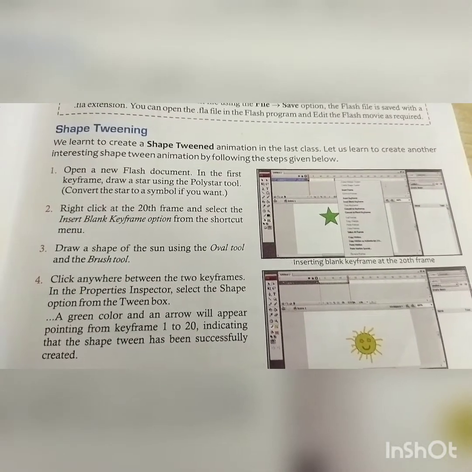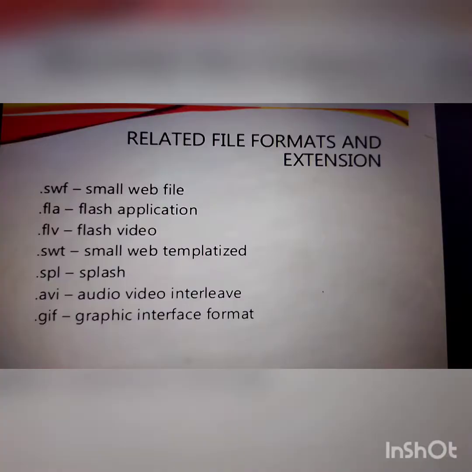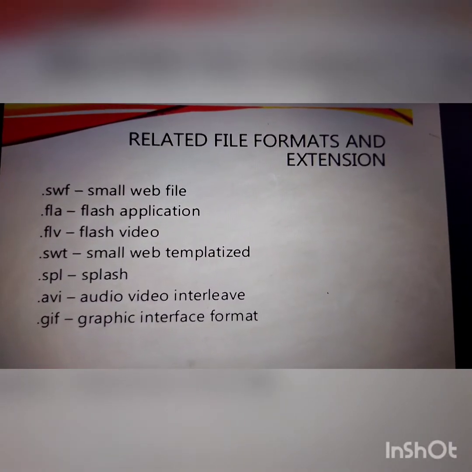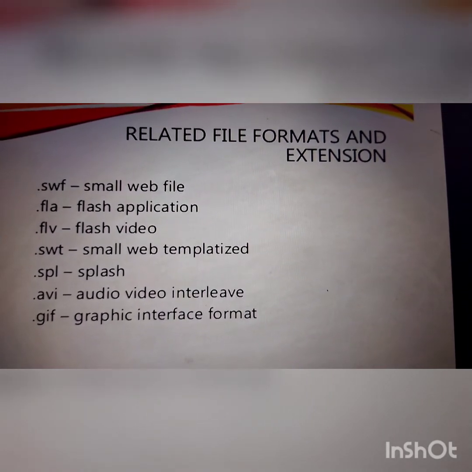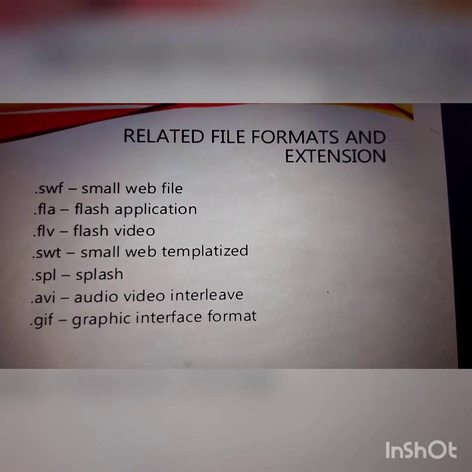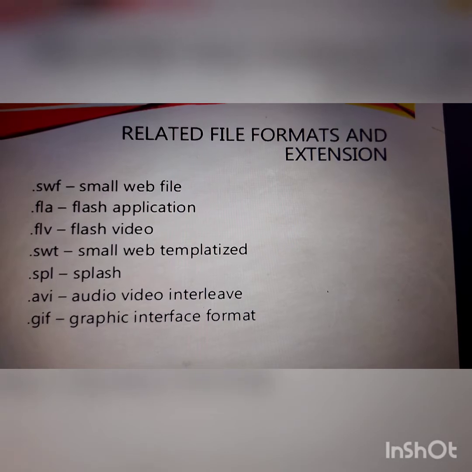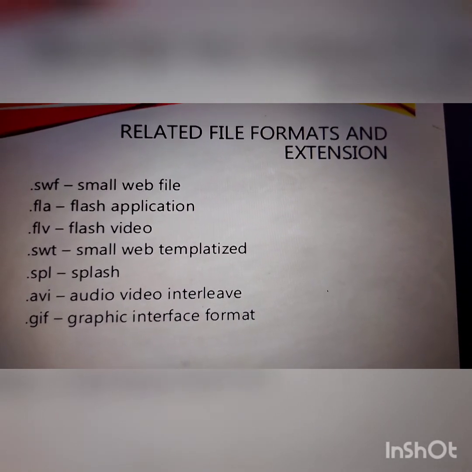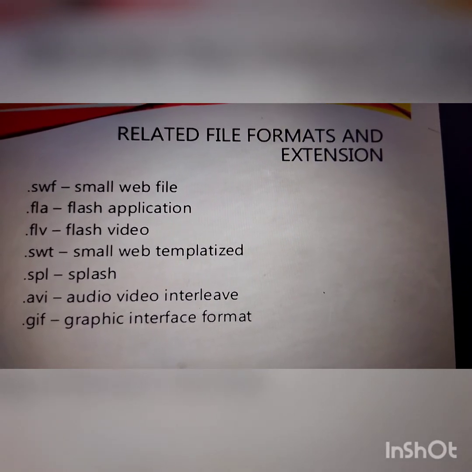So students, let's go through and revise all this topic in a Flash document. And last, students, see the extension part of your Flash document: .swf small web file, .fla Flash application, .flv Flash video, .swd small web document, .spl splash, .avi audio video interleave, then .gif graphics interchange format.